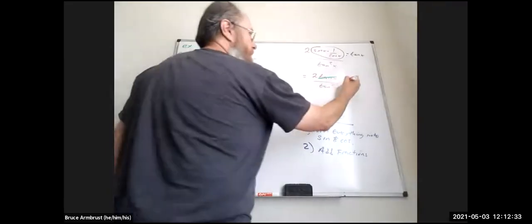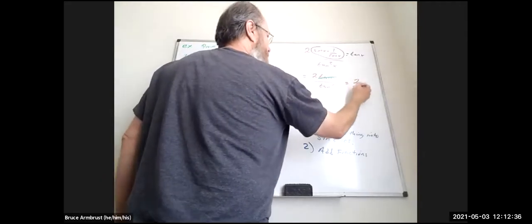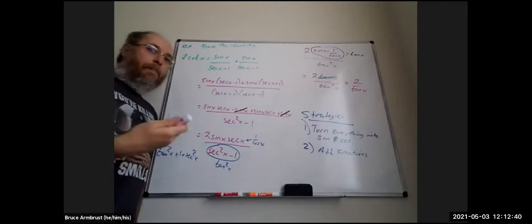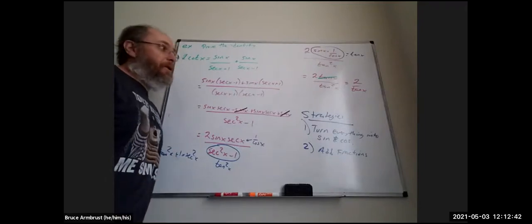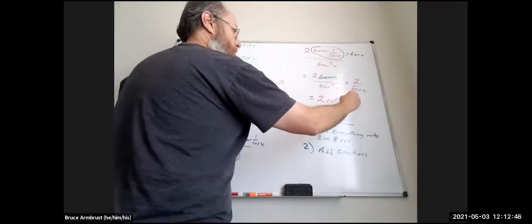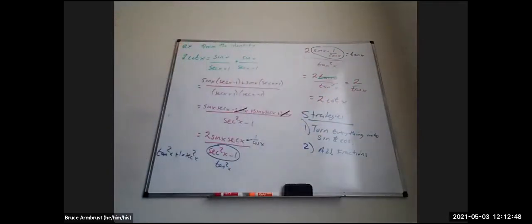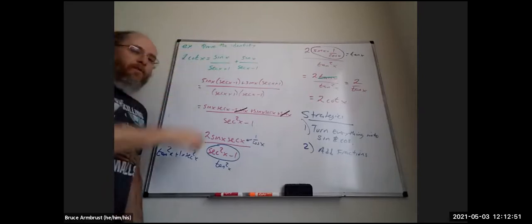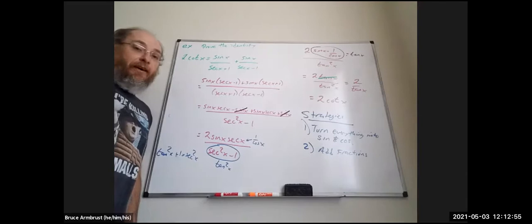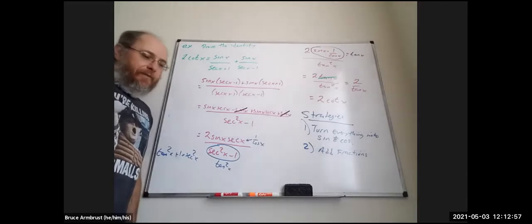So we're left with 2 over tangent. But from the reciprocal, we know 1 over tangent is equal to cotangent. So there you go. We just proved this identity. We just showed that one side equals the other.